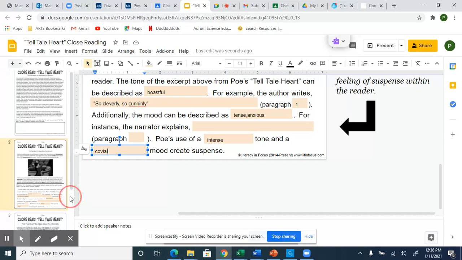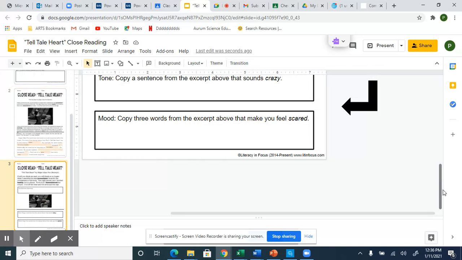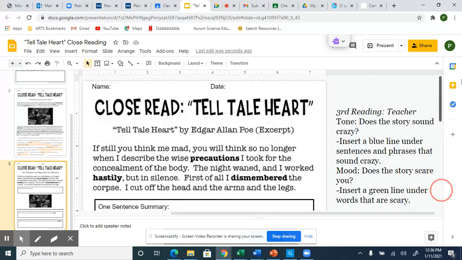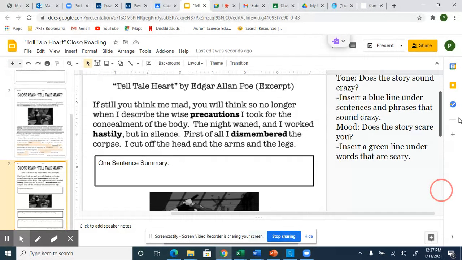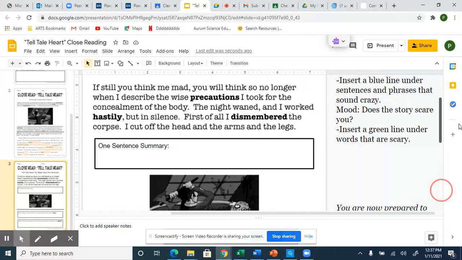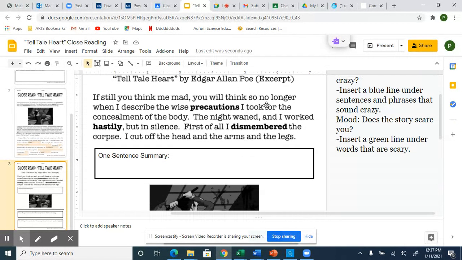All right. So we have again the blue and the green, mood and tone. So a one sentence summary of this paragraph. "If still you think me mad, you will think so no longer when I describe the wise precautions I took for the concealment of the body.